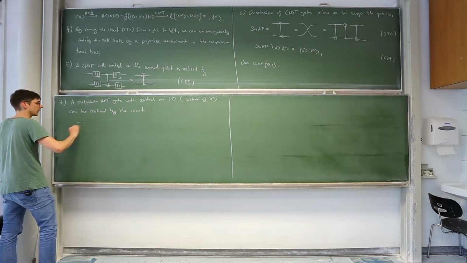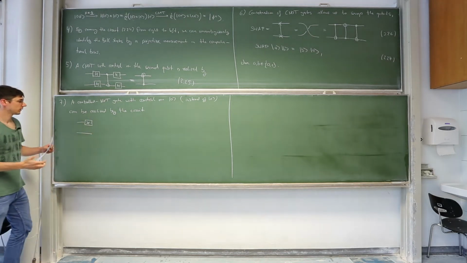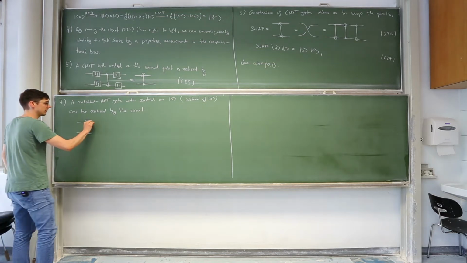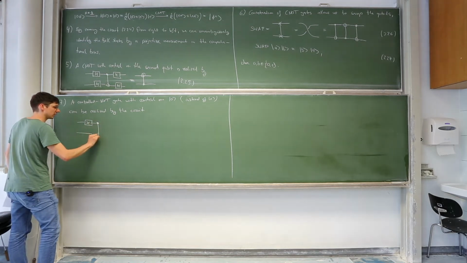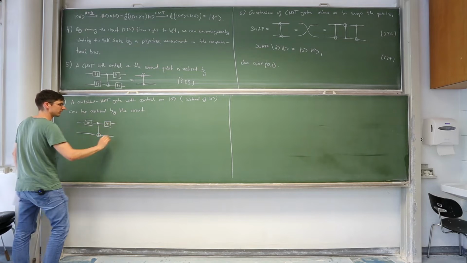So first, we perform a NOT operation on the first qubit, and then simply a CNOT gate, and then again a NOT operation on the first qubit.